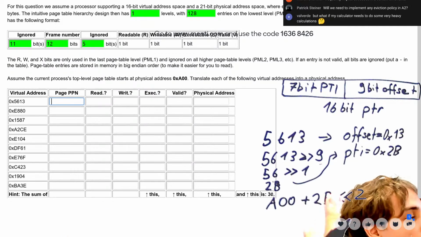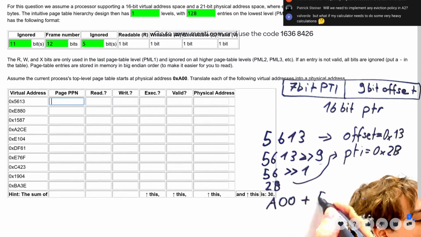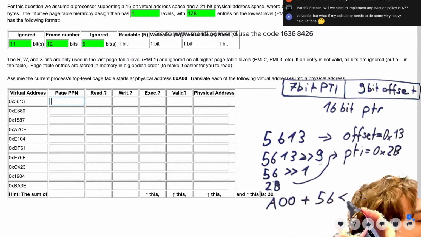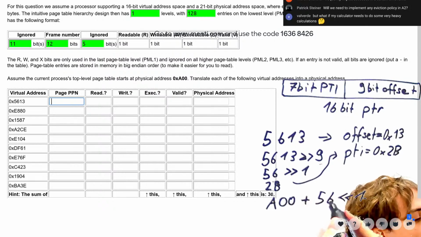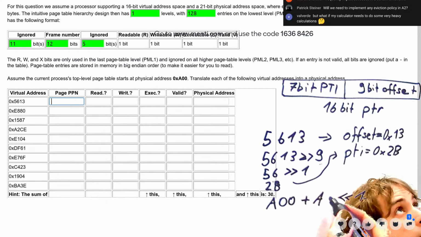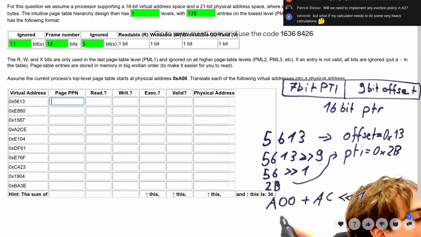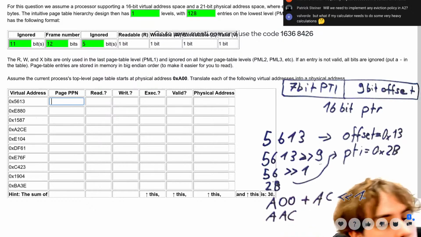That means I can actually use a trick here. This is the same as 56 shifted to the left by 1. This is the same as A. And this is the same then as 6 becomes a C. So this is AC.